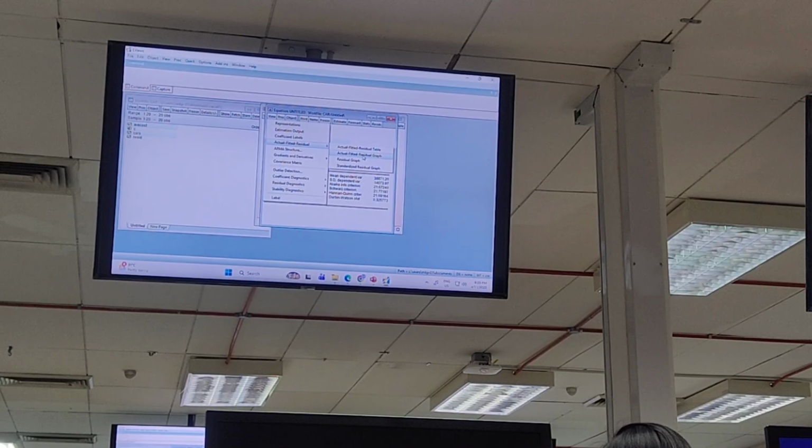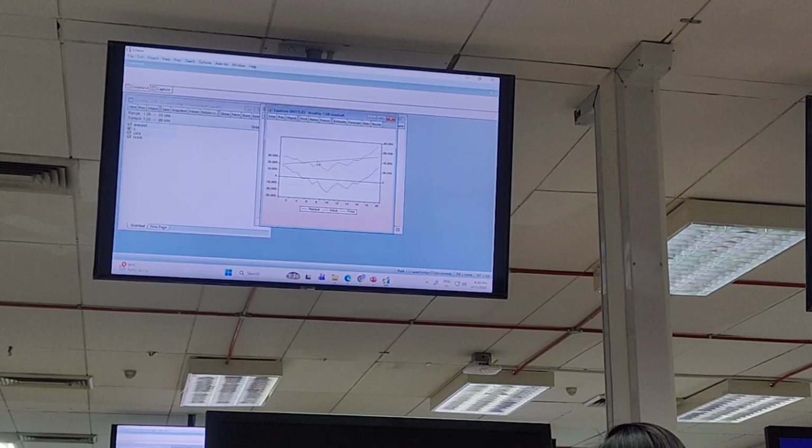So you see, this is your y hat. The green line is your fitted value. The fitted value is the estimated value of y, the y hat, given each value of x. So when x equals 1, what is the estimated or predicted value of y, and so on.